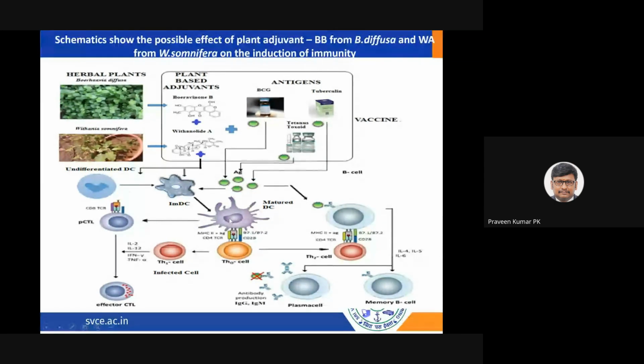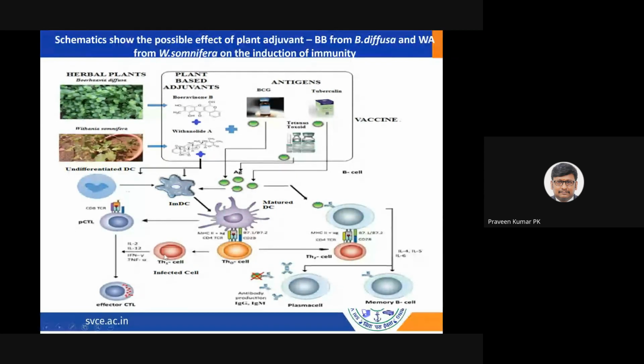If the cells attain a mature state, then they interact with the naive T cell, which I showed as a Th0 cell. If it interacts with the naive T cell, we can get two types of T cells. I told you one T cell is going to proliferate into two cells. One type is the T helper 1 cell, the other is the T helper 2 cell.